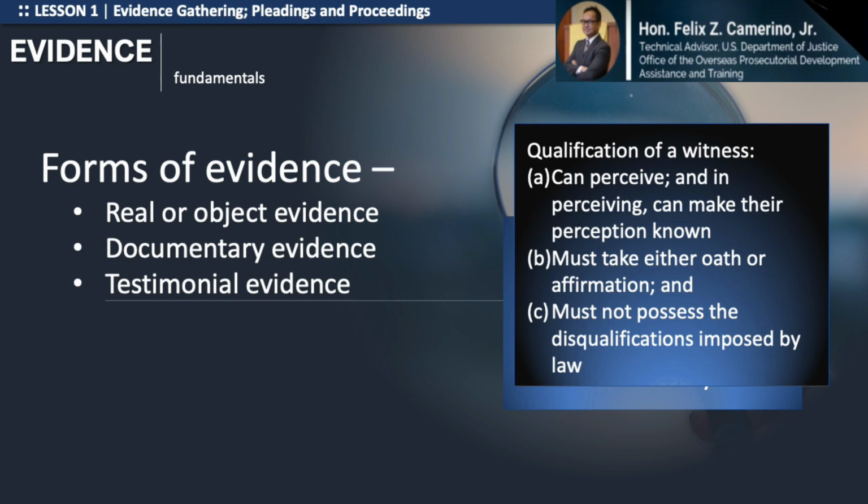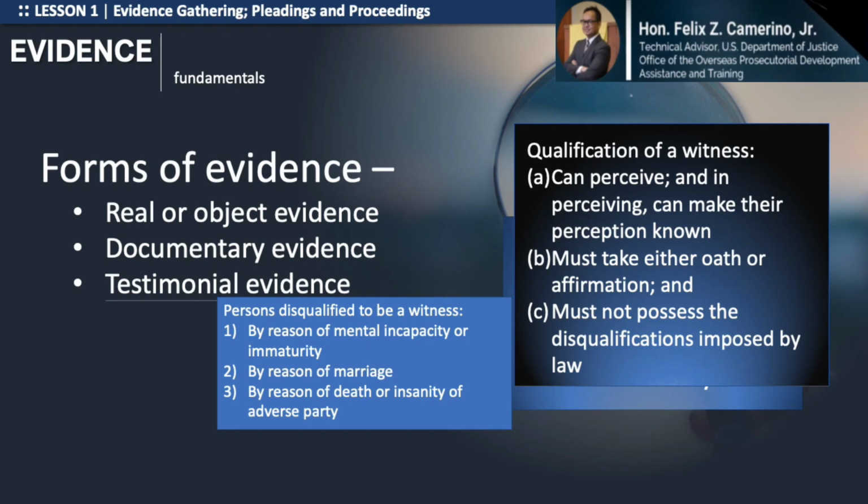And lastly, and this relates back to the first qualification, he must not possess the disqualifications imposed by law. And the law, namely the rules on evidence, enumerates 3 instances where a person would be disqualified to be a witness. Let's quickly take a look at them. So persons disqualified to be witness by reason of mental incapacity or immaturity, by reason of marriage.